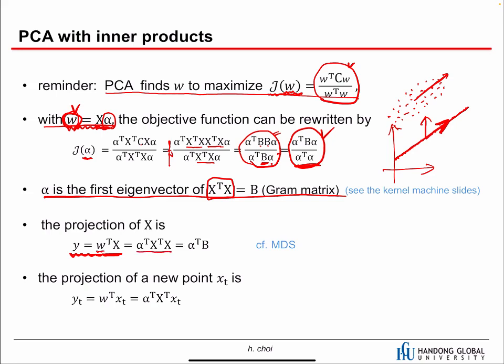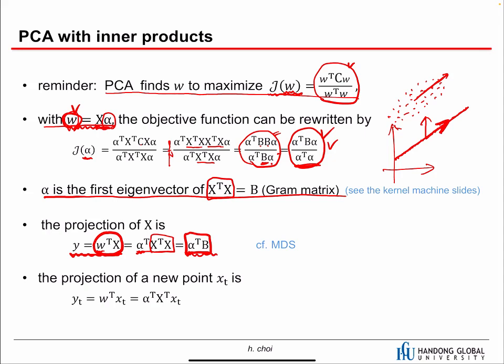So we have a different equation, and from this objective function we can find alpha. Okay, and then X transpose X is the inner product matrix, so this is our solution. So instead of using conventional PCA, we can use this one as our solution.